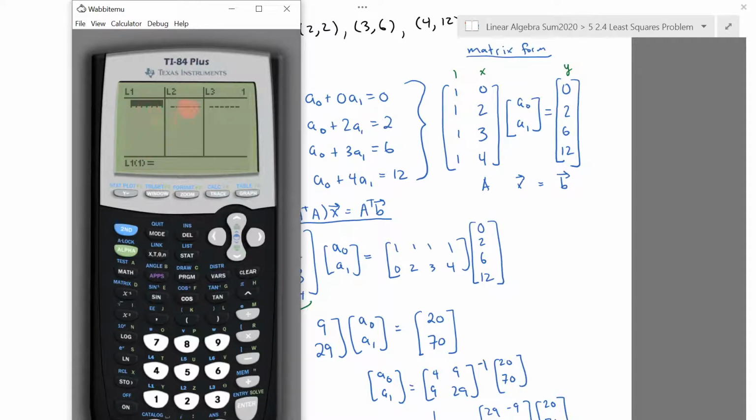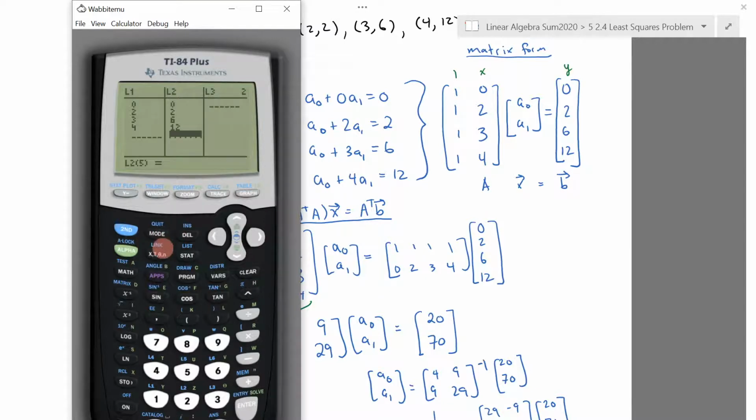So the x values go in the first column, y values go into the second column. So 0, 2, 3, 4, and 0, 2, 6, 12 are the y values.